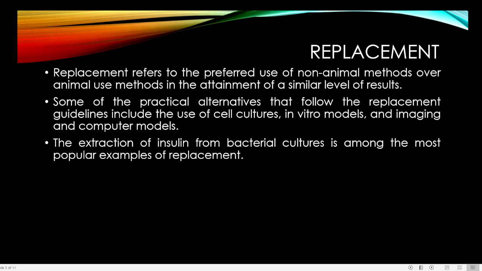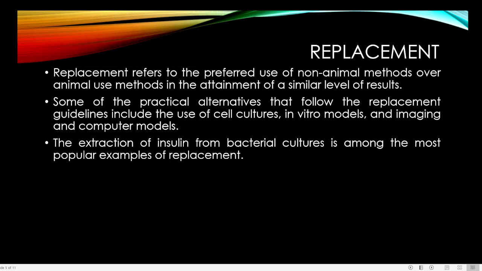Then extraction of insulin from bacterial culture is amongst the most popular examples. For example, earlier insulin was mainly taken from some vertebrate animal like cow or horse. So now it is being replaced, as we are using biotechnology. We are producing insulin from bacteria. So we are introducing the insulin gene into the bacteria, and the bacteria will be producing insulin.